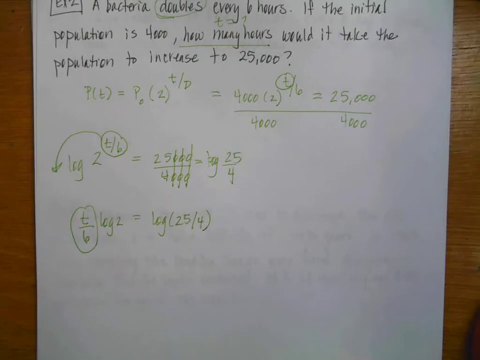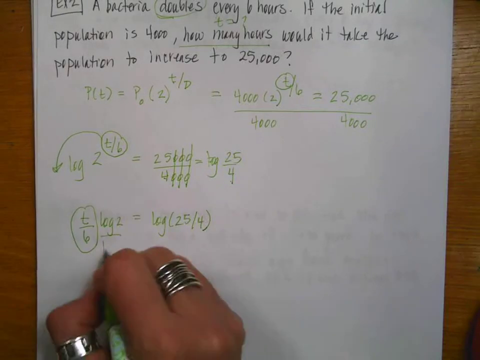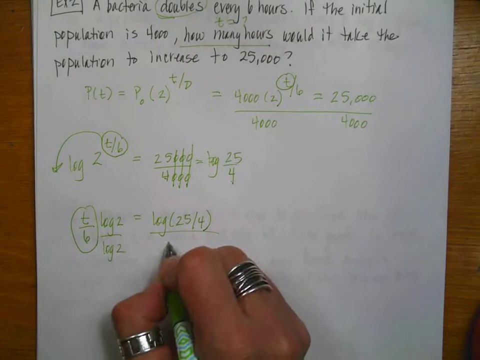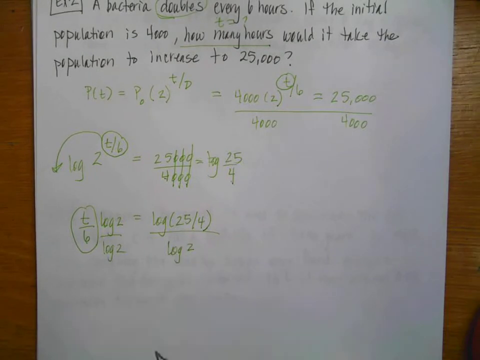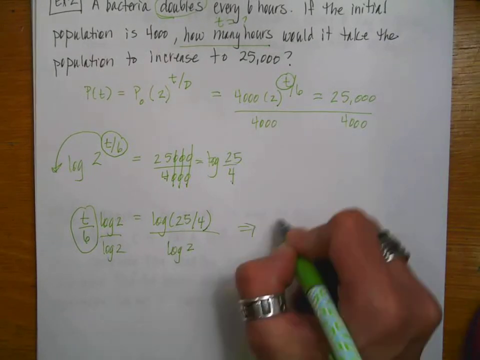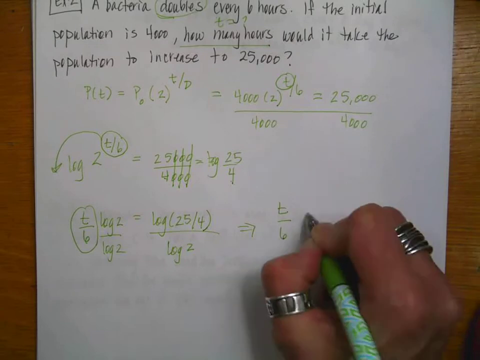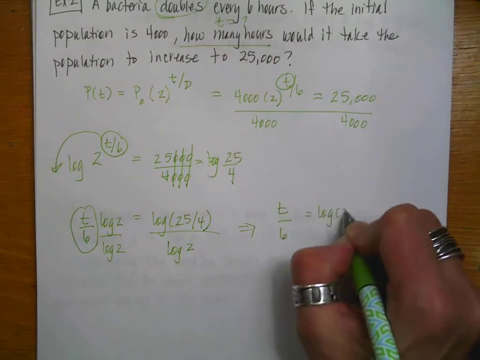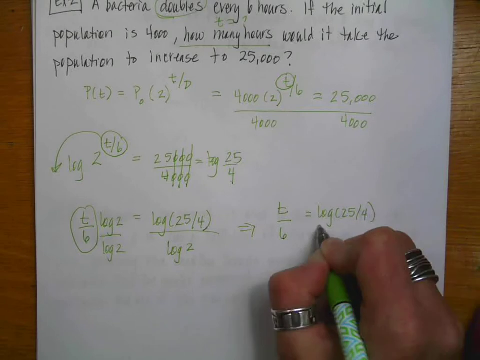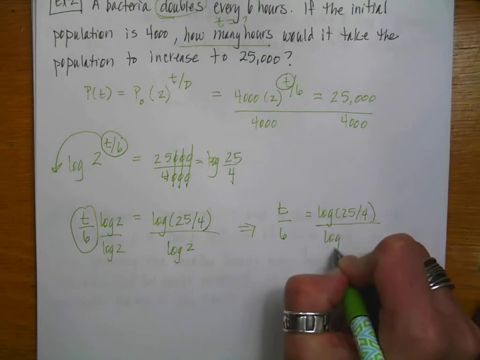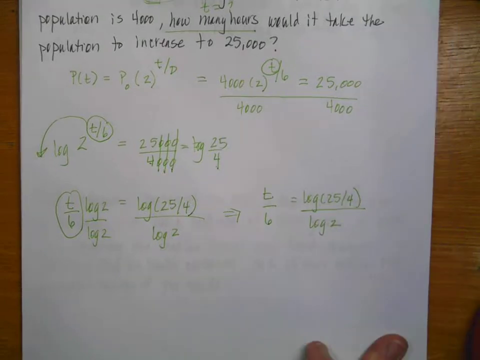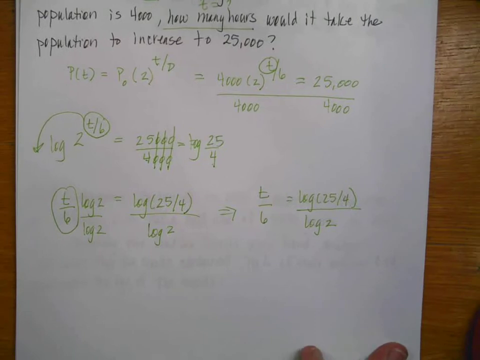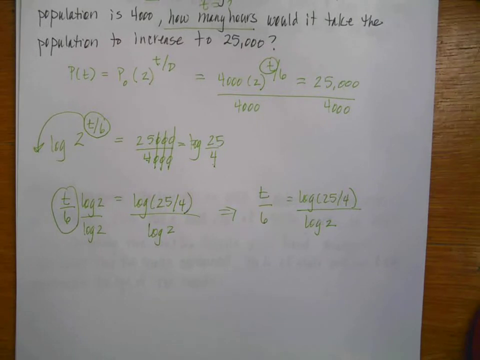So now I want to isolate what I'm trying to solve for, so I'm going to divide both sides of the equation by the log of 2, and so I'm going to get t divided by 6 is equal to the log of 25 over 4 divided by the log of 2. Okay, and I'm still not going to push buttons on my calculator.